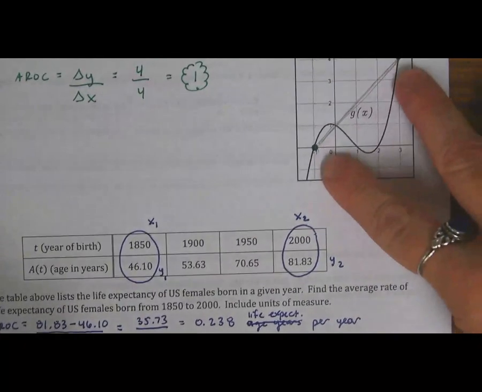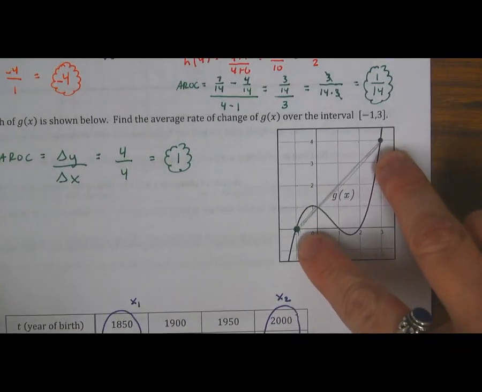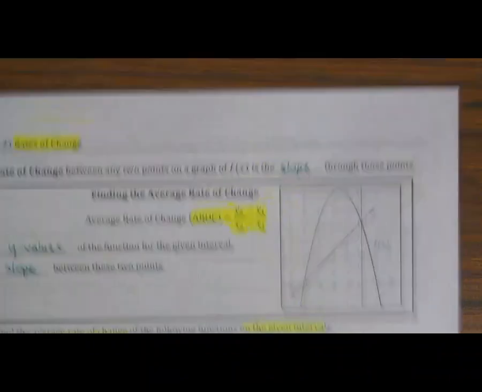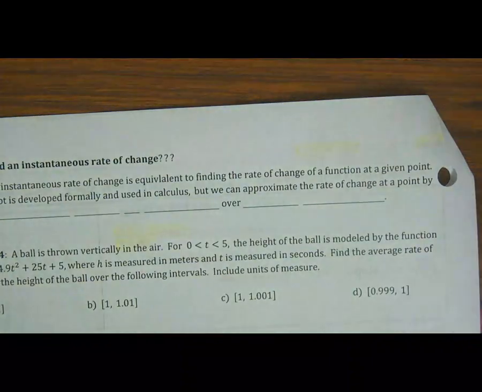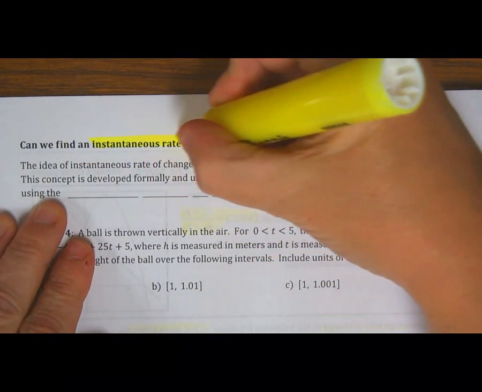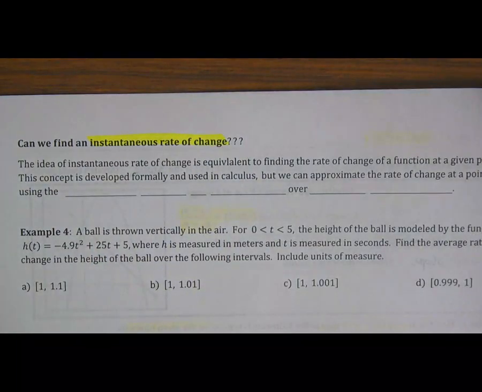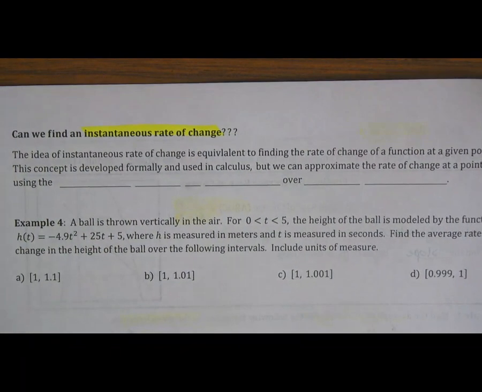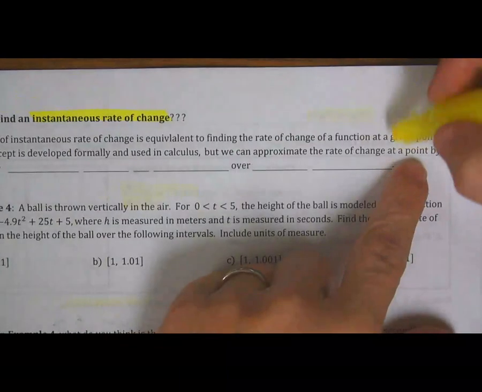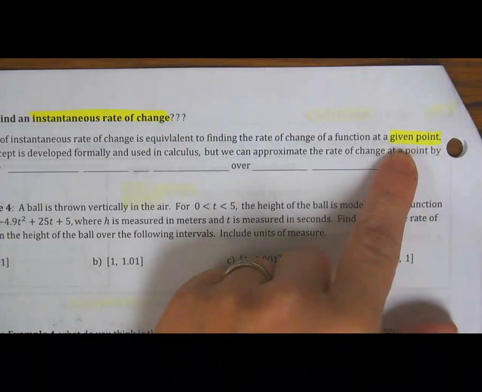So on page 1, we're finding the average rate of change on kind of a larger interval, like a big span of x values. Well, there's this concept called instantaneous rate of change. Let's read what it says here. The idea of instantaneous rate of change is equivalent to finding the rate of change of a function at a single point.